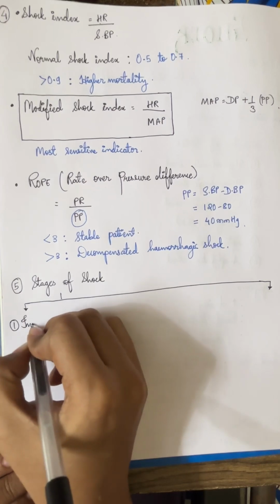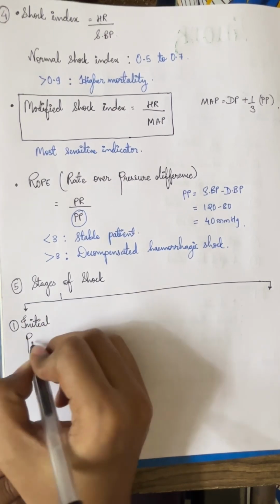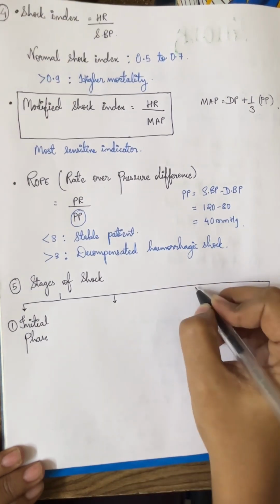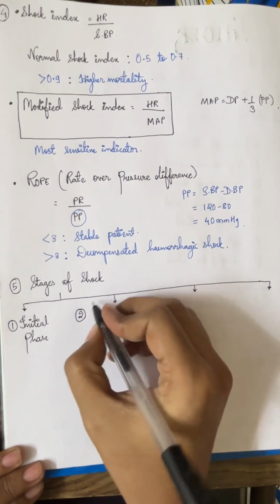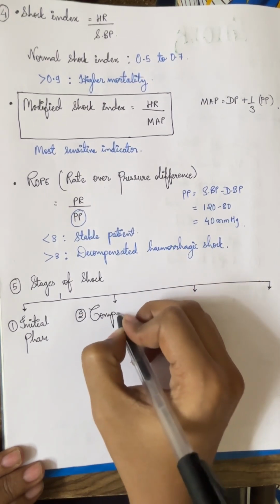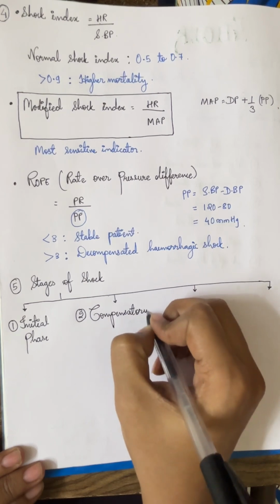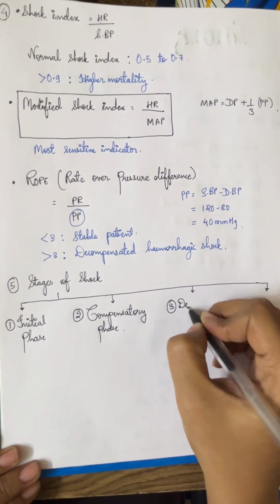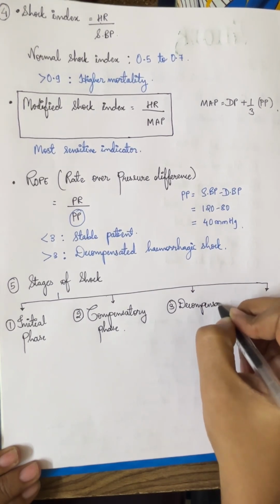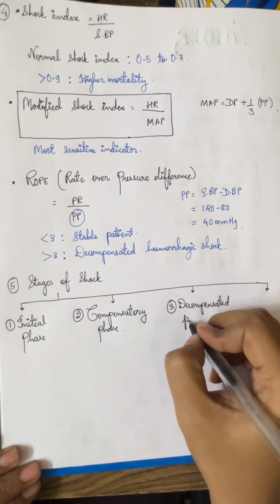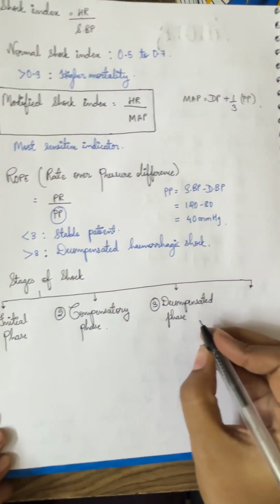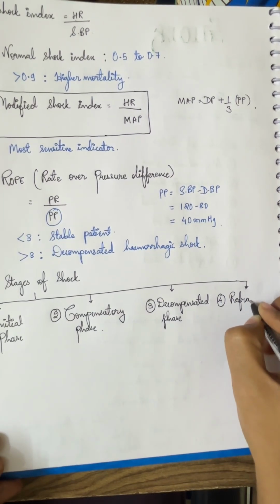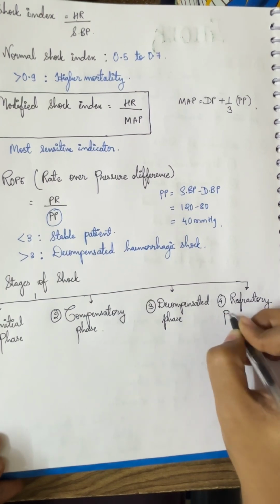First is the initial phase, second is the compensatory phase, third is the decompensated phase, and fourth is the refractory phase. Now we're going to learn about each phase.